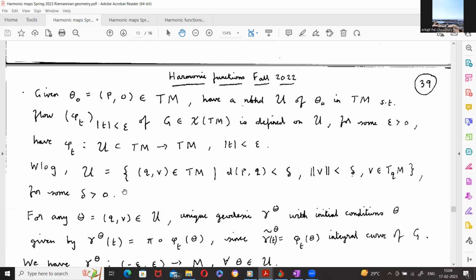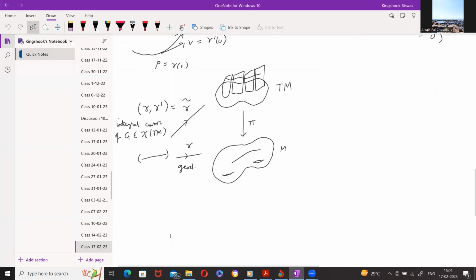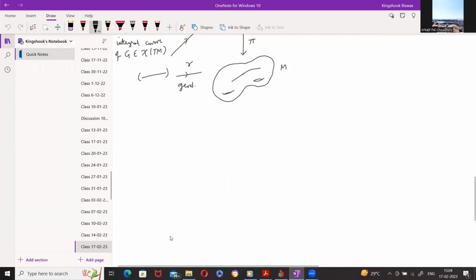So on this neighborhood, I have theta naught equal to (P, 0) in the tangent bundle.